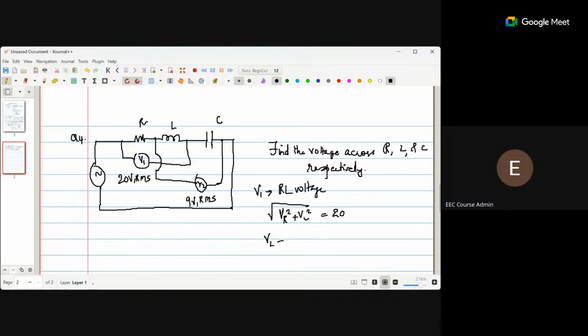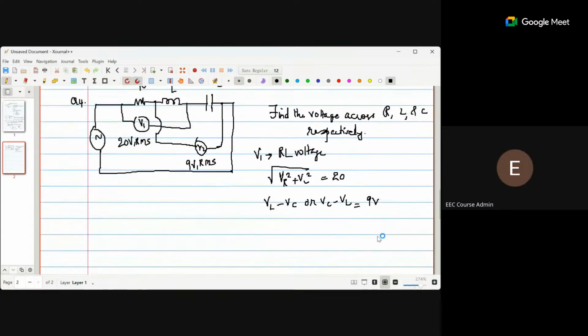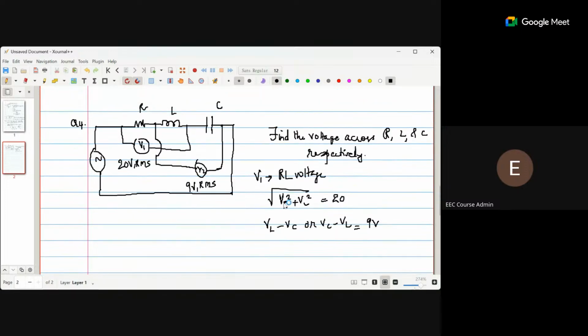And VL minus VC or VC minus VL is 9 volts. We don't know which is greater, so we have to consider either VL minus VC or VC minus VL is 9 volts. Okay, so maybe for this question I have to give one more data.